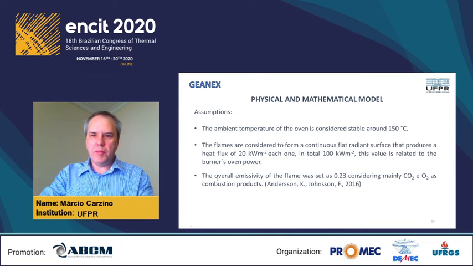The ambient temperature of the oven is considered stable at around 150 degrees, and the flames are considered a continuous radiant surface that produces a heat flux around 20 kilowatts per square meter. The emissivity of the flame is set to 0.23.